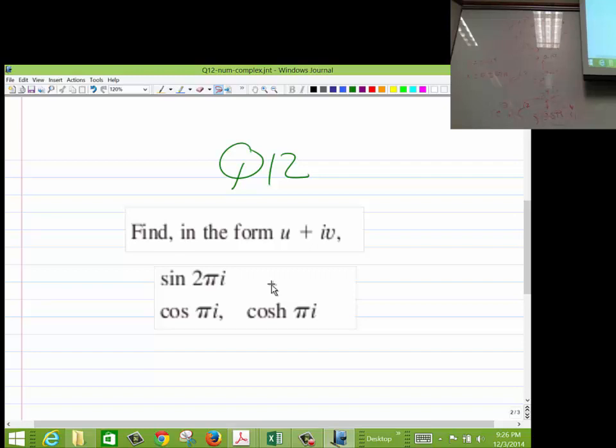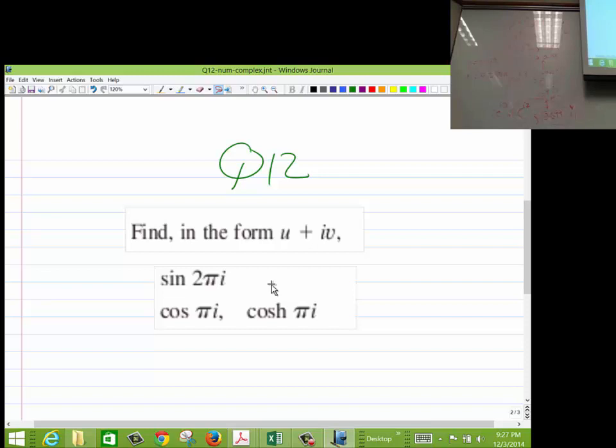You can think of this as basically sine 2 pi i is z, and I'm asking you for the real and the imaginary parts, correct? Each one of those guys, it's as if I'm telling you sine 2 pi i is z. What is the u plus iv? What's the real and what's the imaginary? You got it?